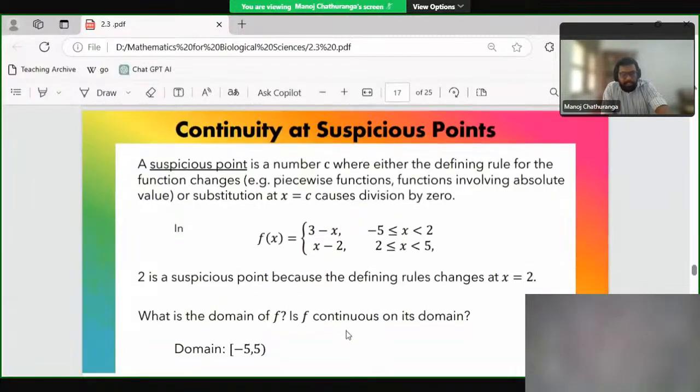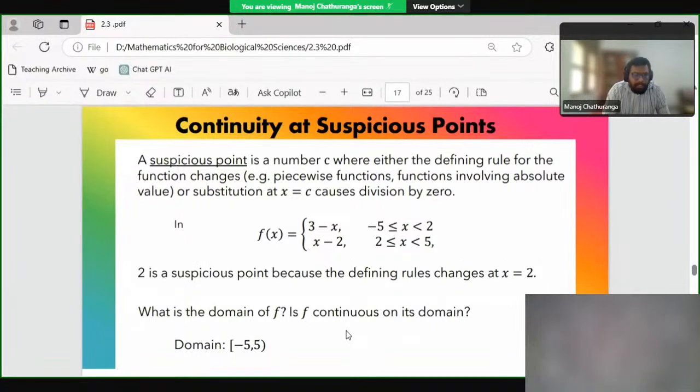The suspicious point is a number c where either the defining rule for the function changes or substitution x equals c causes division by zero. This particularly happens for piecewise functions, functions involving absolute value, and rational functions.